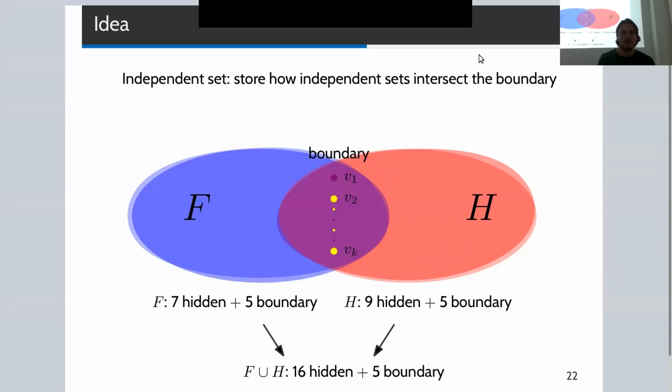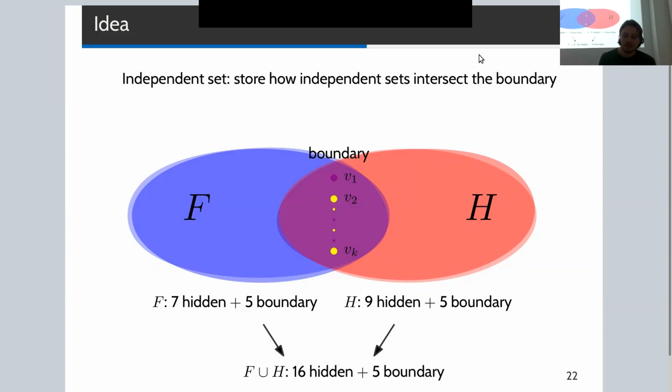The way you would do it for independent set is you would store how independent sets intersect the boundary, or slightly different, for every way that an independent set could intersect the boundary, you store the size of the largest independent set.